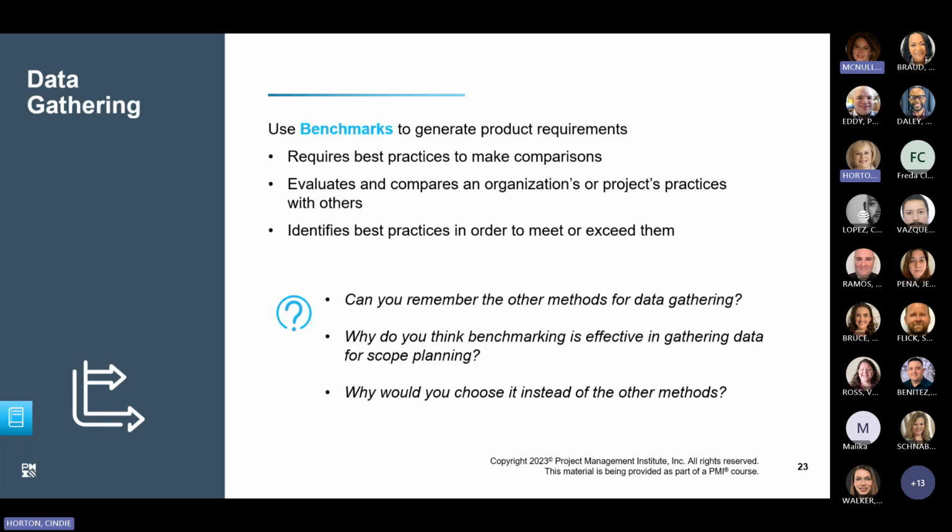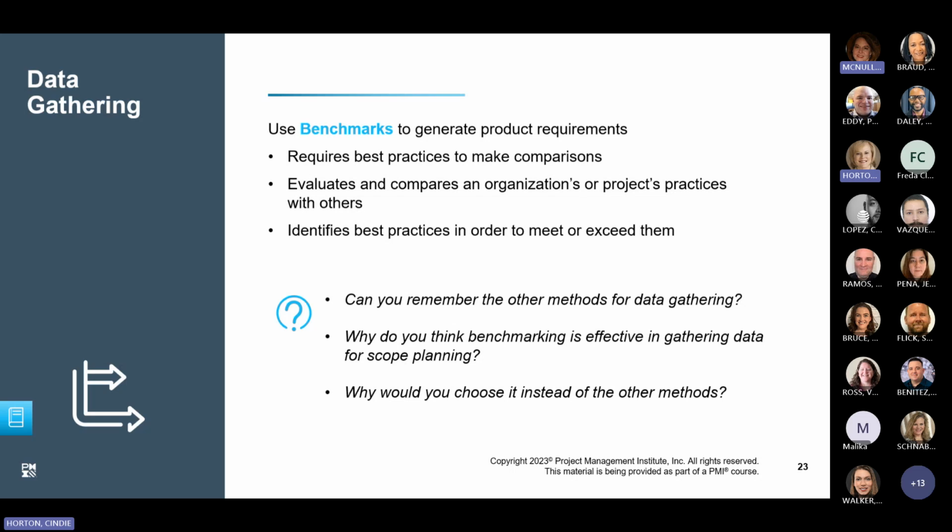Why might we think benchmarking is effective in gathering data for scope planning, and why would you probably choose it instead of other methods? Anybody got any ideas? Surveys give you quick turnaround, like quick data typically.